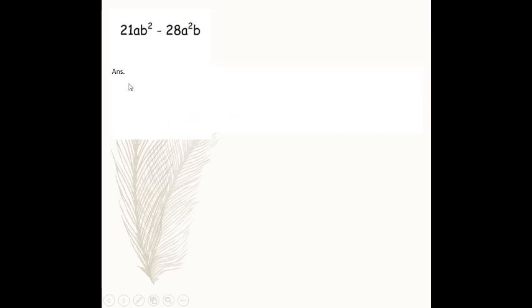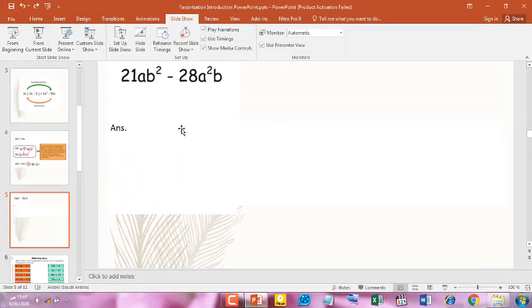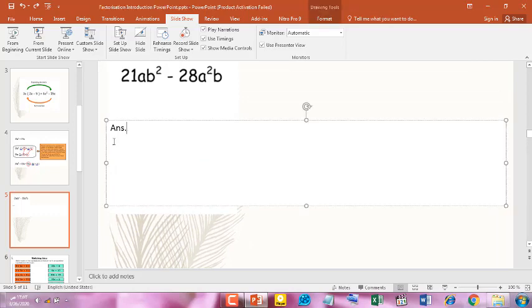And now we have here 21ab to the power of 2 minus 28a to the power of 2b. We are going to solve this one. 21ab squared, how are we going to write it?